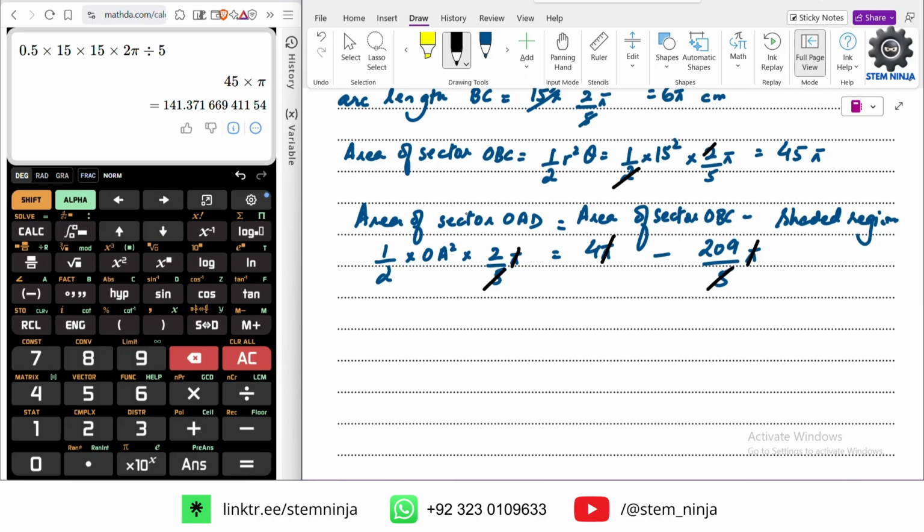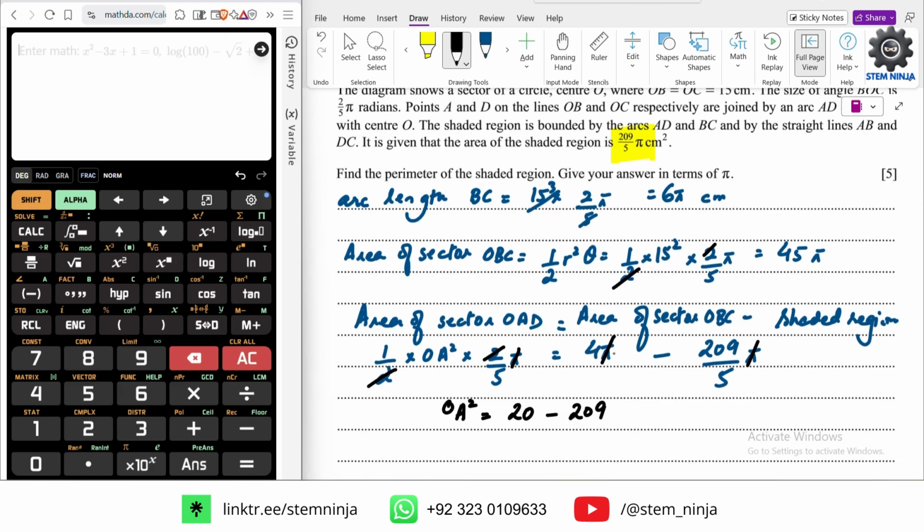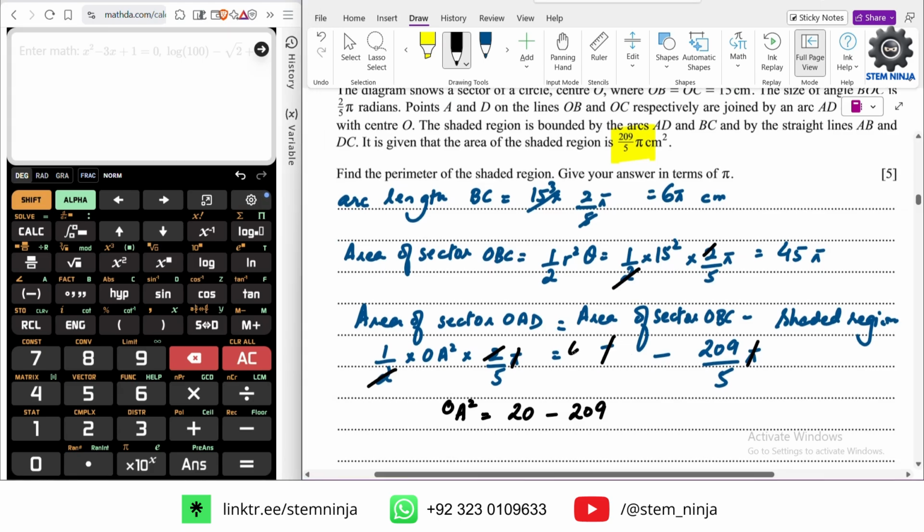So when you multiply 5 on both sides, there is 45 pi, sorry, this was 45 pi.